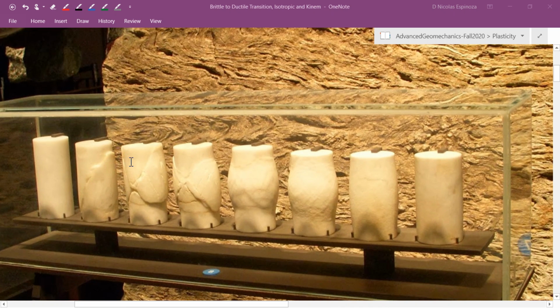And you can see in these rocks how that transition takes place from low confining to increasing confining pressure or mean effective stress. And what we can see is that as the mean stress increases, the way that the rocks fail changes significantly. Here we have strain localization.